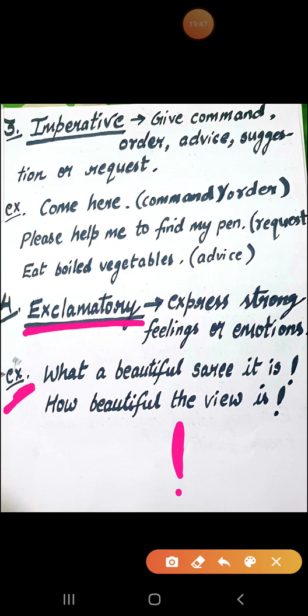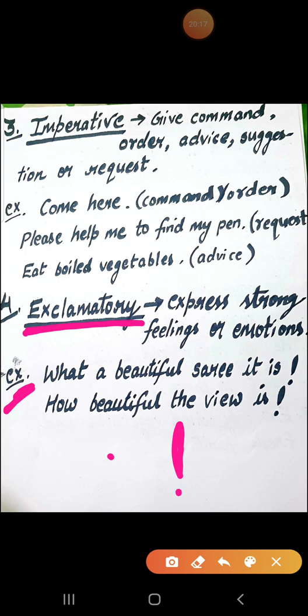Can you see this? Okay, I forgot to tell you that imperative sentences also end with a full stop. Don't forget that. Okay, let's get back to this fourth point. Then you can see, suppose you have seen mountains, or you went to some hill station, and you went to see the sunrise view.